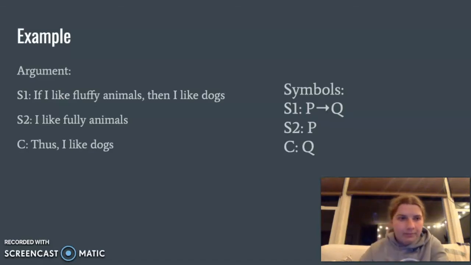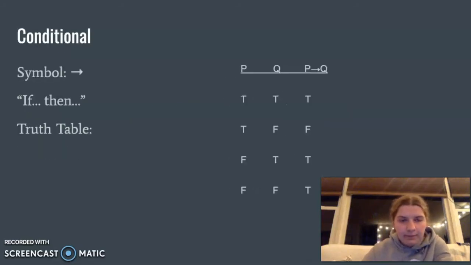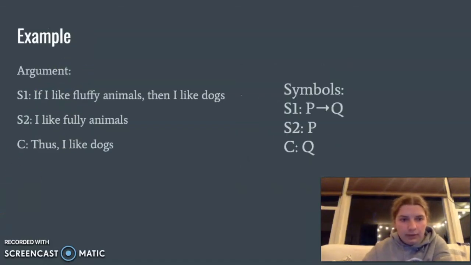If we remember, I'll scroll up. An if-then statement is represented by an arrow, so there's going to be an arrow somewhere in this statement. So if P, then Q. The second sentence, premise 2, is I like fluffy animals.